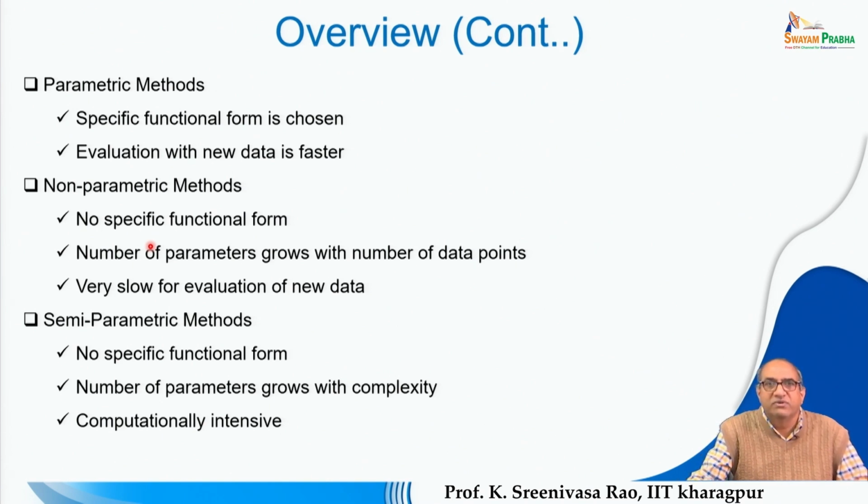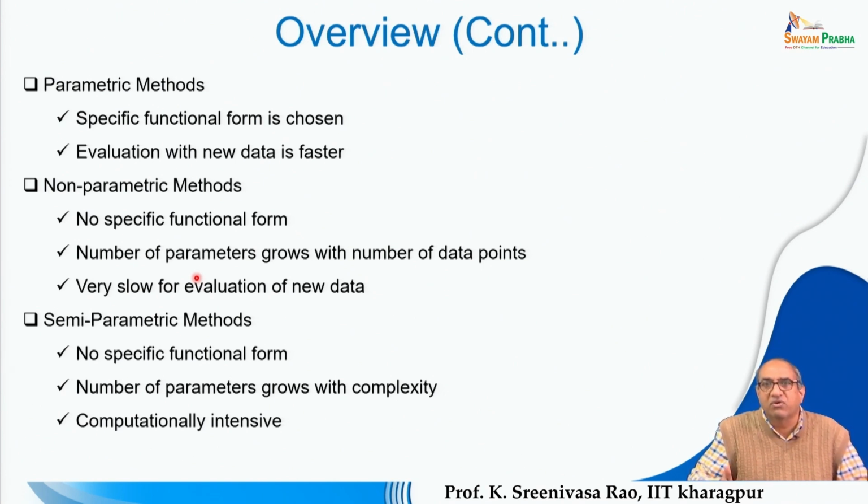Therefore, the number of parameters grows with the number of data points, in proportion to the data. So if you want to add some new data, the evaluation of the probability density will be very slow, because when you add new data, we have to compute the density for all the points again.